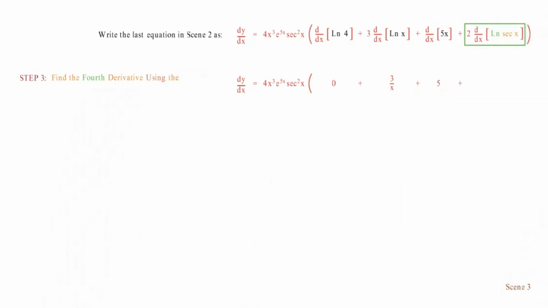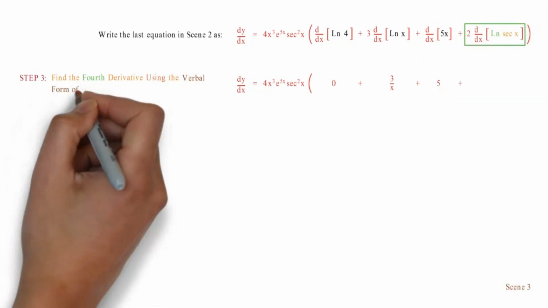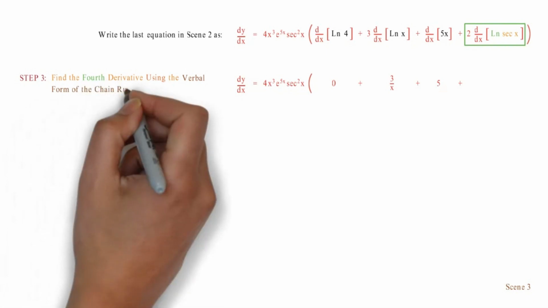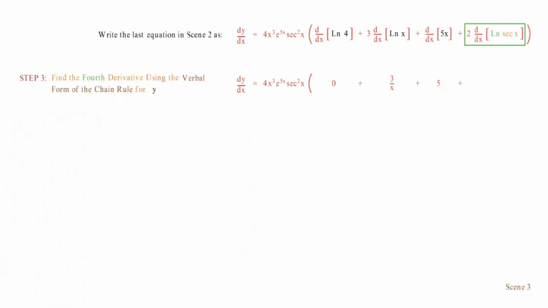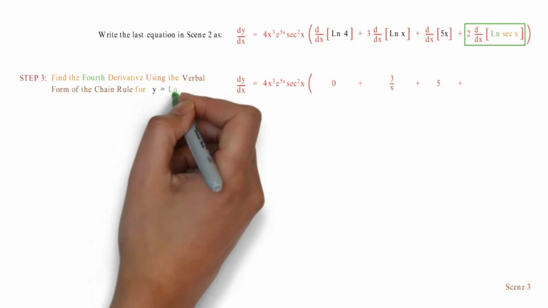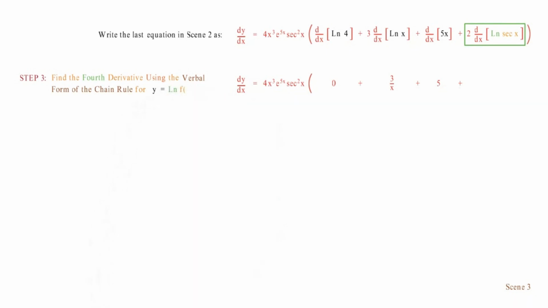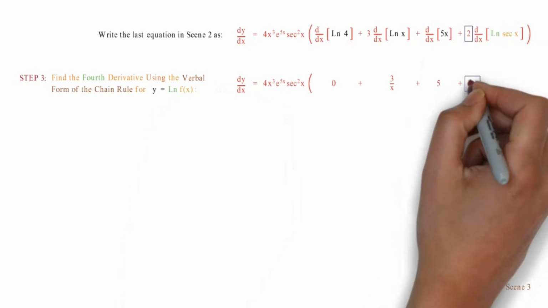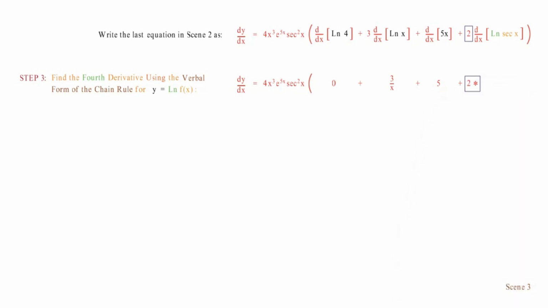using the verbal form of the chain rule for y equals ln of f of x. Bring 2 down as 2 times.